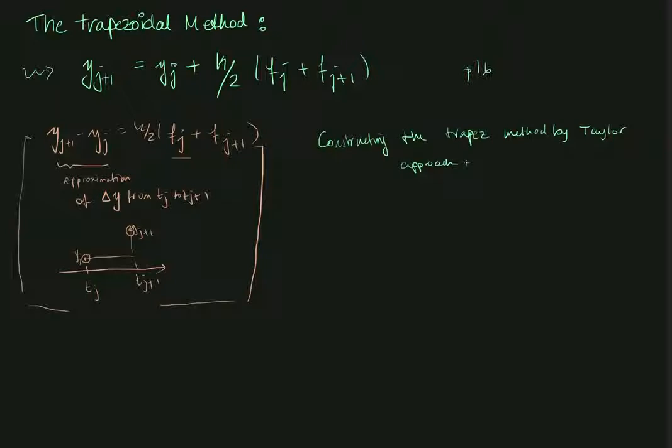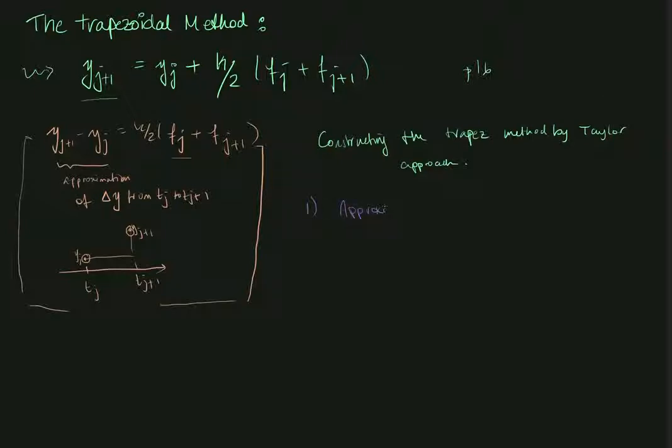Well, the Taylor approach, more or less, is just this method we use to construct finite difference methods, where we approximate values of y prime, etc., in points that are close to a point where we already know a lot about y.